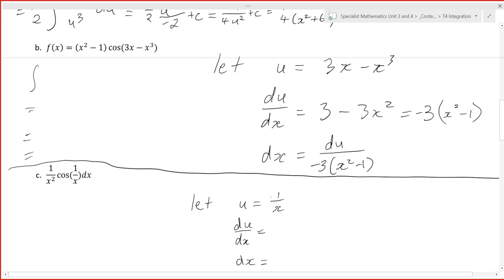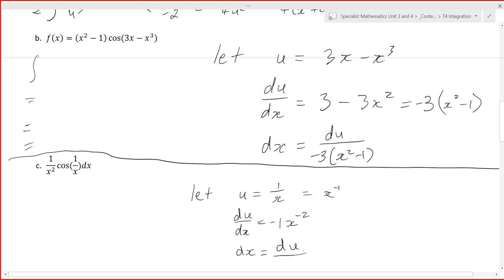So we assume the u is the bit inside the cos function. So if you find the derivative of this, it's the same as x to the -1. So the derivative, you take a power and put that old power out the front. So you're left with dx equals du divided by, oh yes, this bit's interesting.